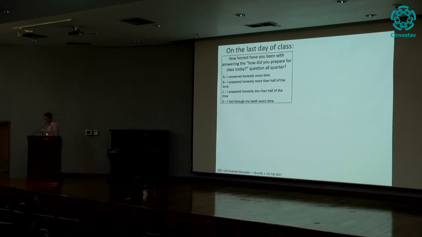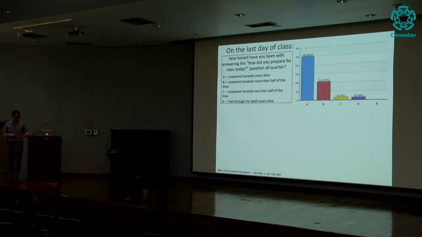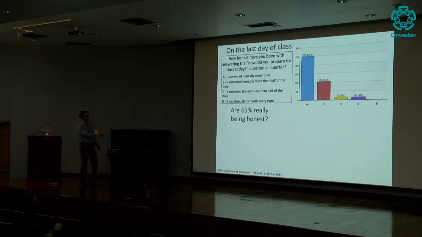And you can see the distribution there. But how do I trust this? Which ones are they lying about? I don't know. So I had our graduate student TAs, and I couldn't have done this without them, so thanks to all of you who have served as TAs in your days. Are these 65% really being honest? So what we did was we went to the discussion section.